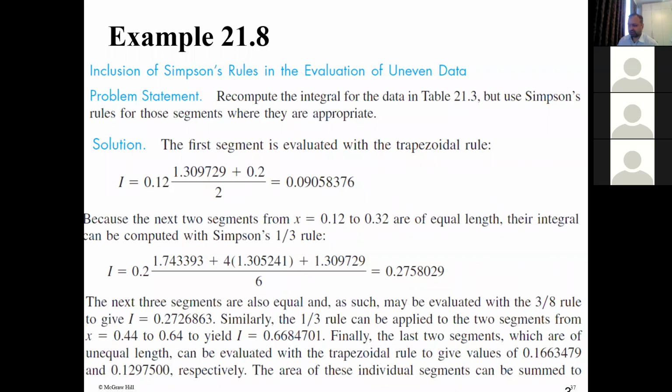Why are we changing the rules? Hello, can anyone answer?